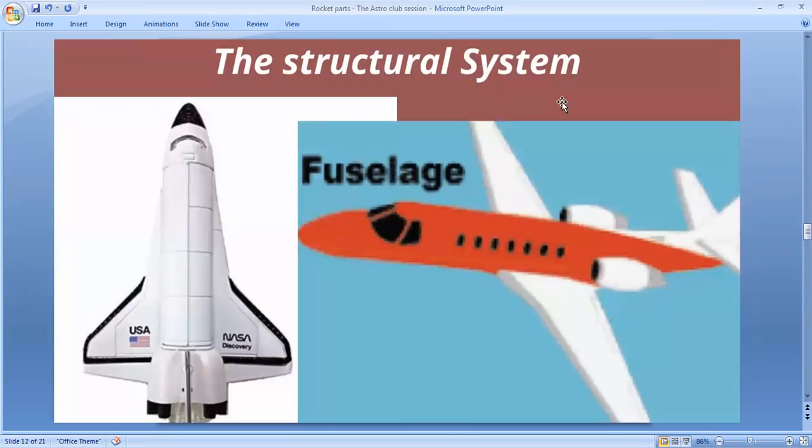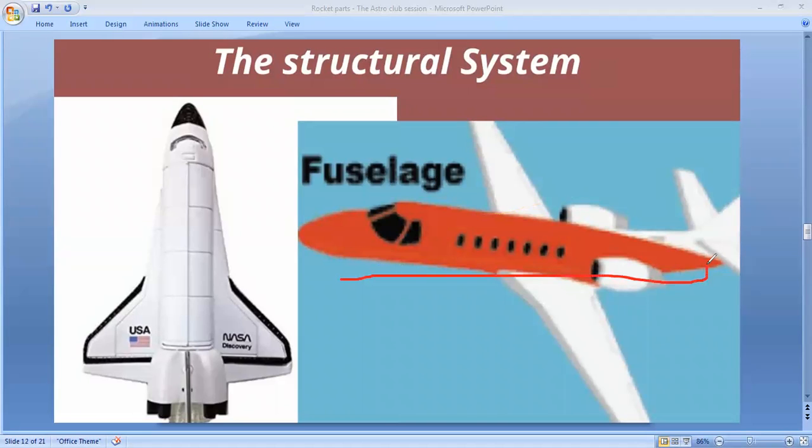So now let's first move on to the structural system. The structural system, or the frame, is similar to the fuselage of an aeroplane. So what is a fuselage? The body of the aeroplane is called a fuselage. If you see here, this is the body of the aeroplane.